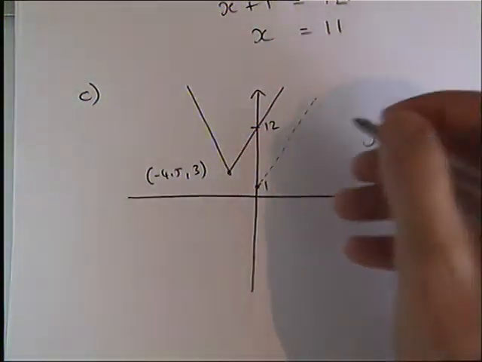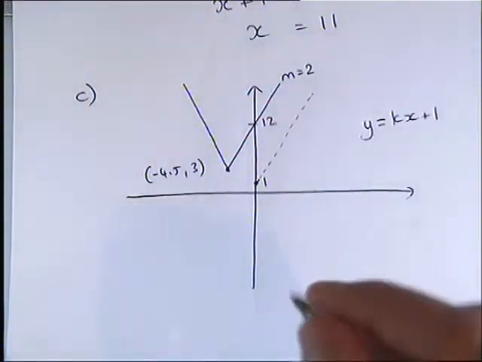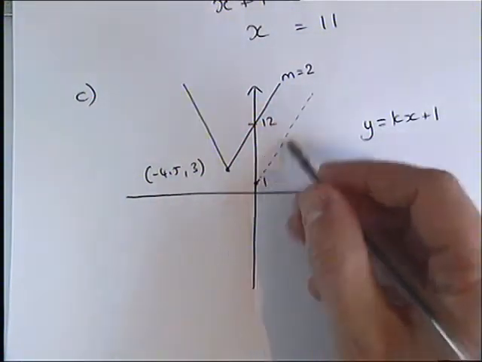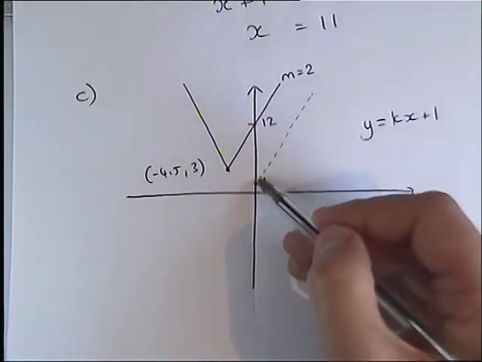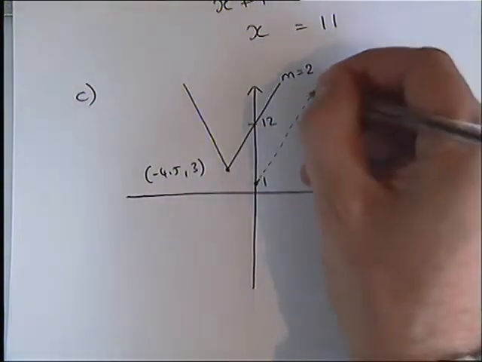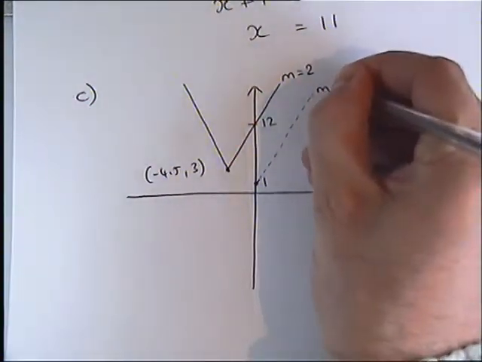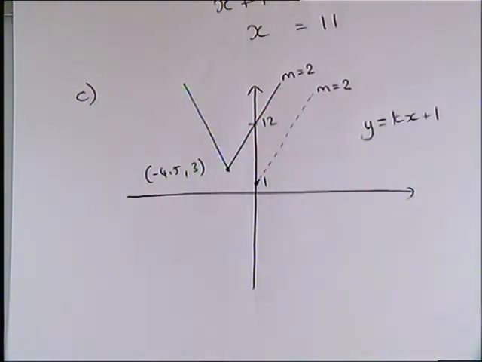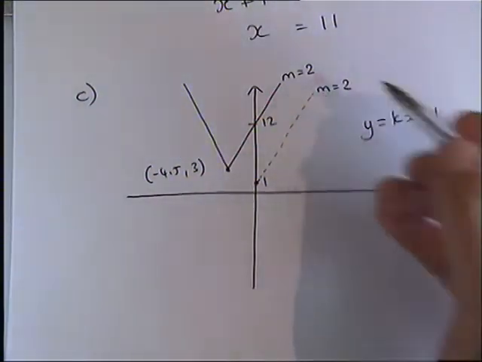Remember the gradient of this one is 2. If this dotted line that I've drawn was any steeper than that, if it was more than 2, then there would be a point of intersection. So this value of k, where the gradient is equal to 2, seems to be an upper limit. It can't be steeper than that.